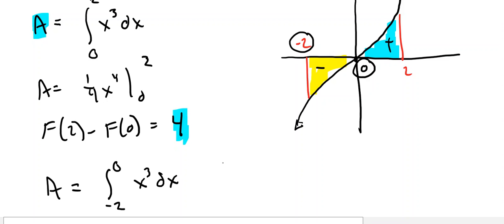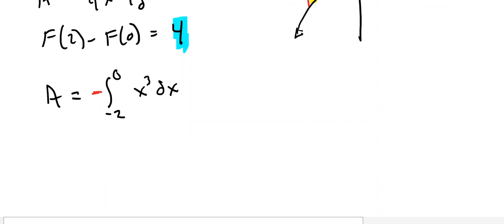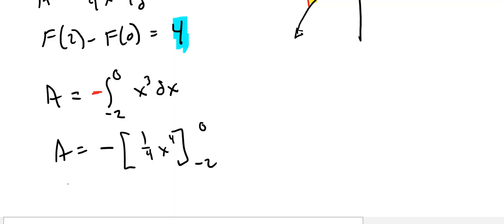And one last thing we need to do is don't forget to make this then negative. Well, now finding the antiderivative is exactly the same. So the area is equal to negative of 1/4 x to the 4th, evaluated from -2 to 0.